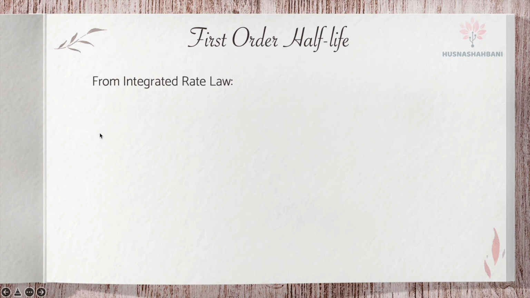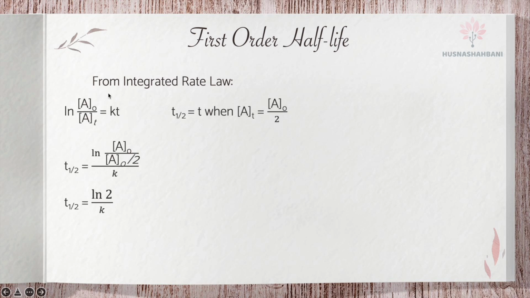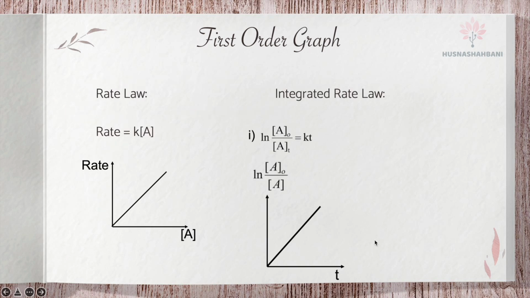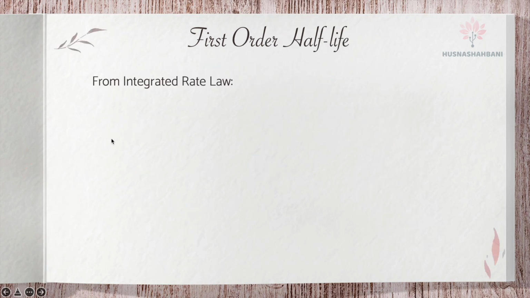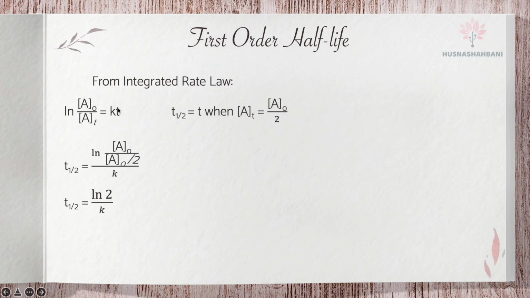First order half-life from integrated rate law. So here we have the first order integrated rate law that you got from here, ln(A0/At) = kt.